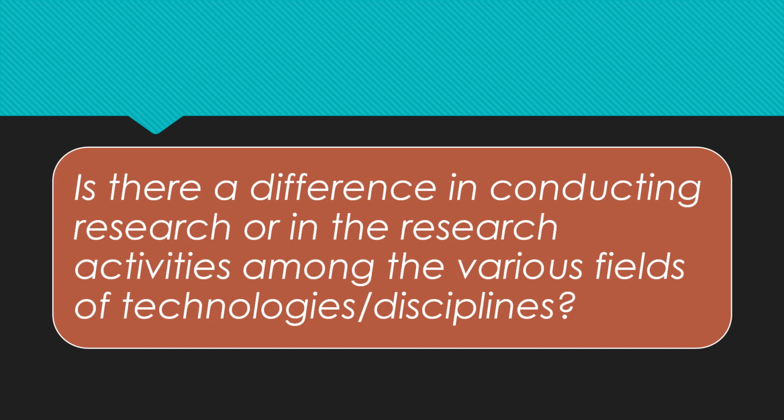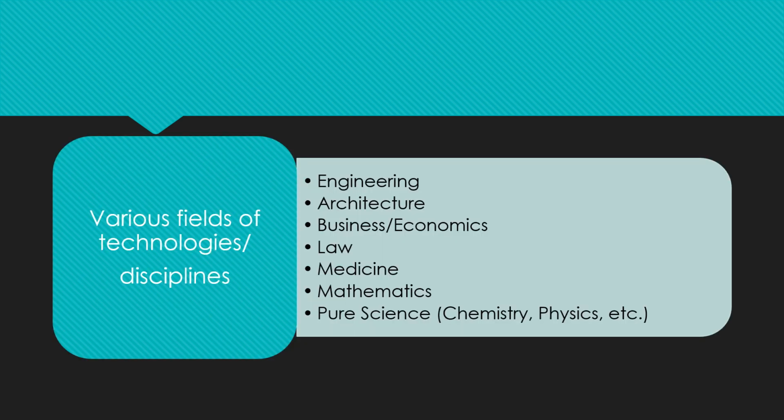Okay, now is there a difference in conducting research or in the research activities among the various fields of technologies or disciplines? Okay, in science and technology there are many disciplines, so is there any differences? So for example, here we have engineering, architecture, business and economics, law, medicine, mathematics, pure science.